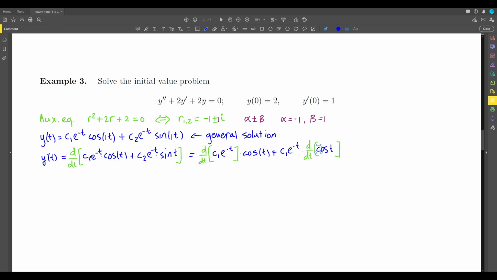So that's the product rule that gives us the derivative of this first term. But we also have to do this for the second part.